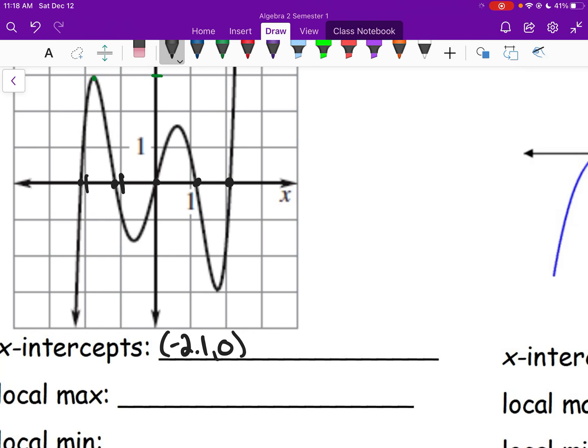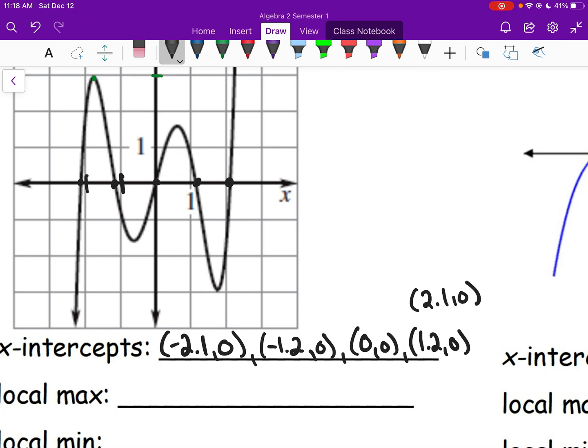It looks like it's a little further than that other one, so I'm going to say -1.2, 0. That next one looks like it goes through the origin, so 0, 0. Next one, 1, a little bit beyond that, so I'm going to say 1.2, 0. And then finally another one that I would say 2.1, 0.